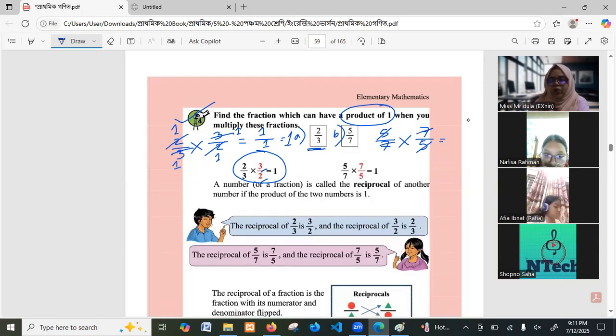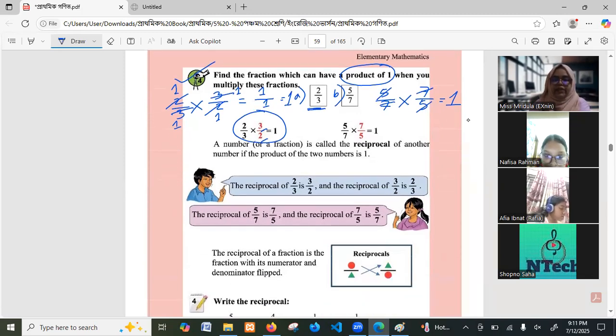So we have all ones down and up. I can multiply this and get only 1. So they're saying that the reciprocal of 2 by 3 is 3 by 2, and the reciprocal of 3 by 2 is 2 by 3. And for the second one, the reciprocal of 5 by 7 is 7 by 5, and the reciprocal of 7 by 5 is 5 by 7.